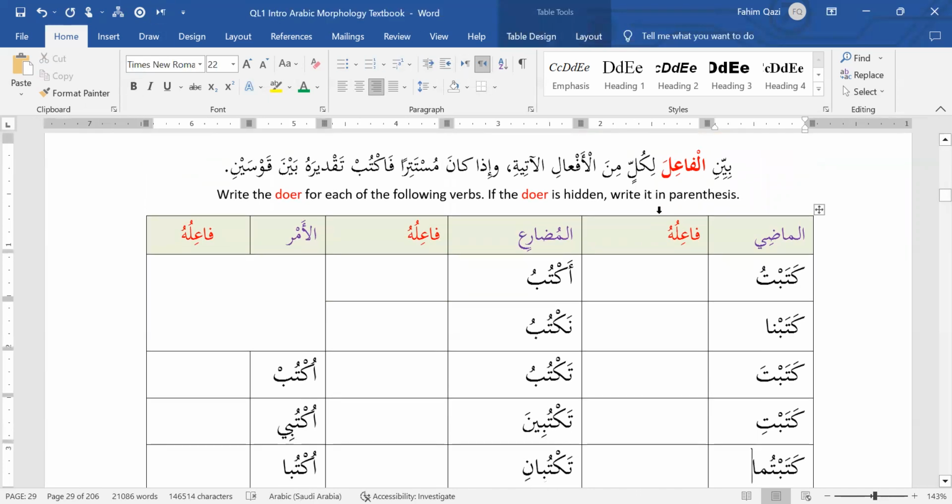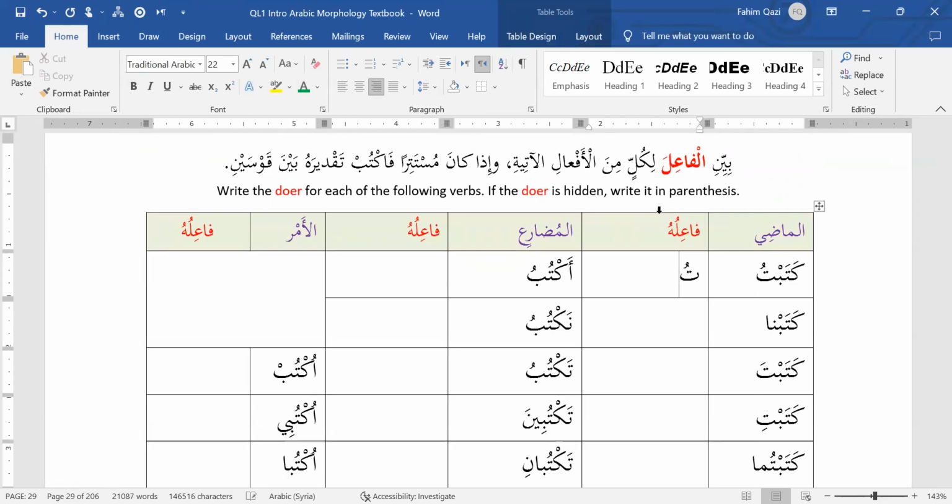So for example, كتبت, the fa'il is tu, right? But if I look at أكتب, the fa'il is أنا. So I write it in parentheses like that, okay? So whenever the fa'il is mustatir, be sure to write it in parentheses. Otherwise, you may lose points on an exam, because in an exam, I expect you to know this. This is how I know that you know that it's mustatir.